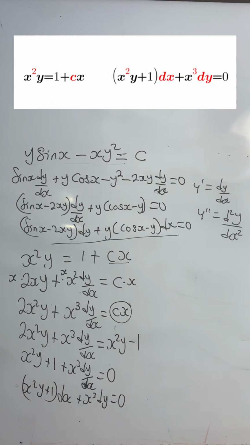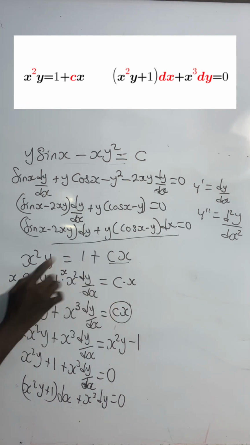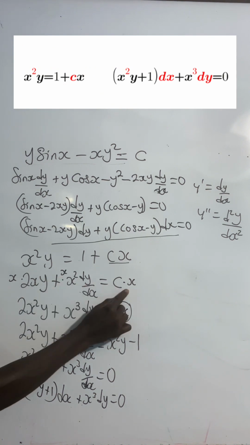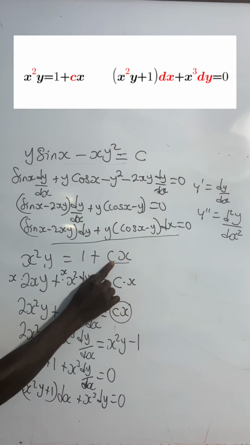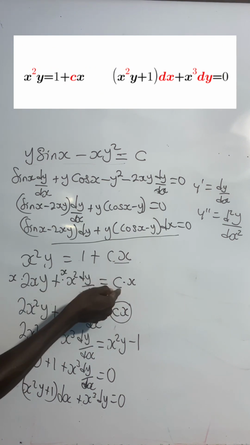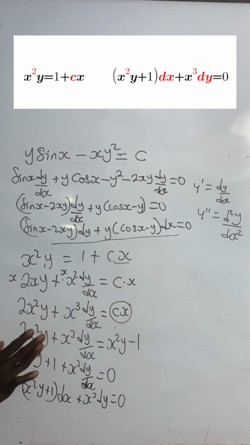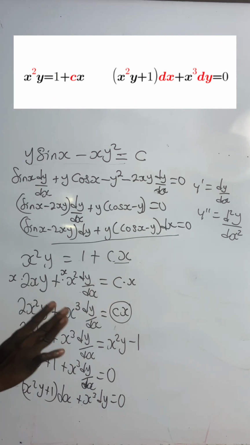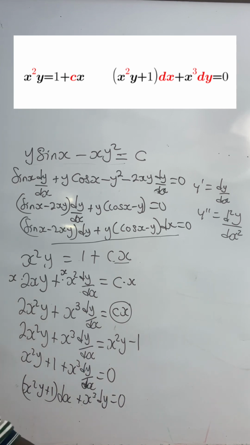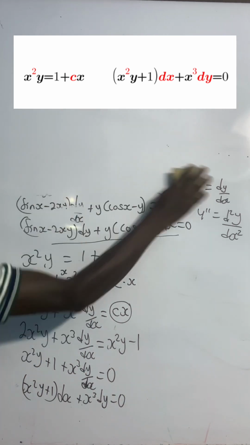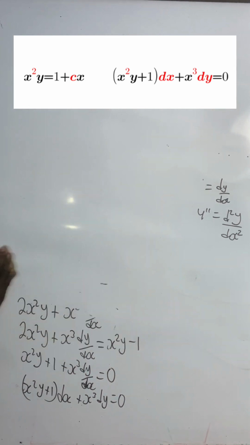Let me place more emphasis on my substitution here. I multiplied through by x to get cx because I know that I have cx there. But if you don't want to follow my procedure, you can make c the subject and then substitute for only the c, and it will give you the same answer.